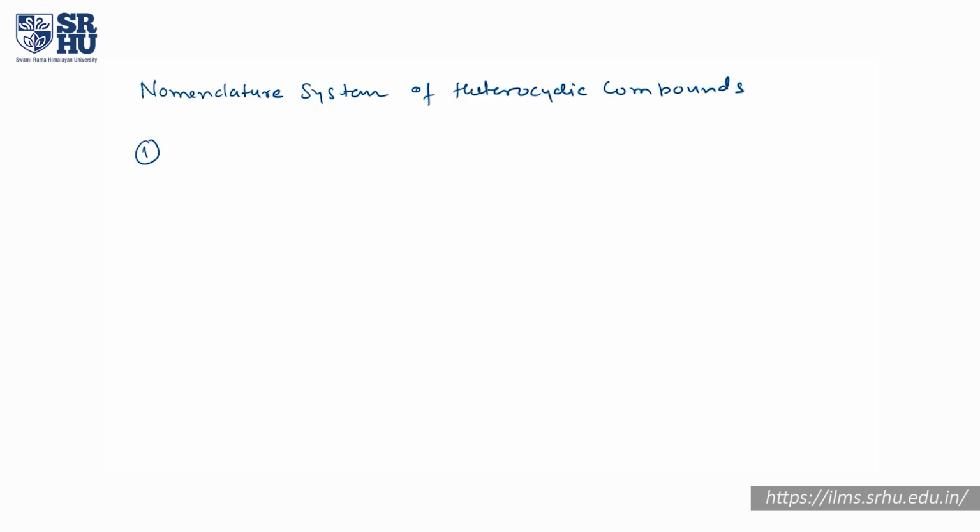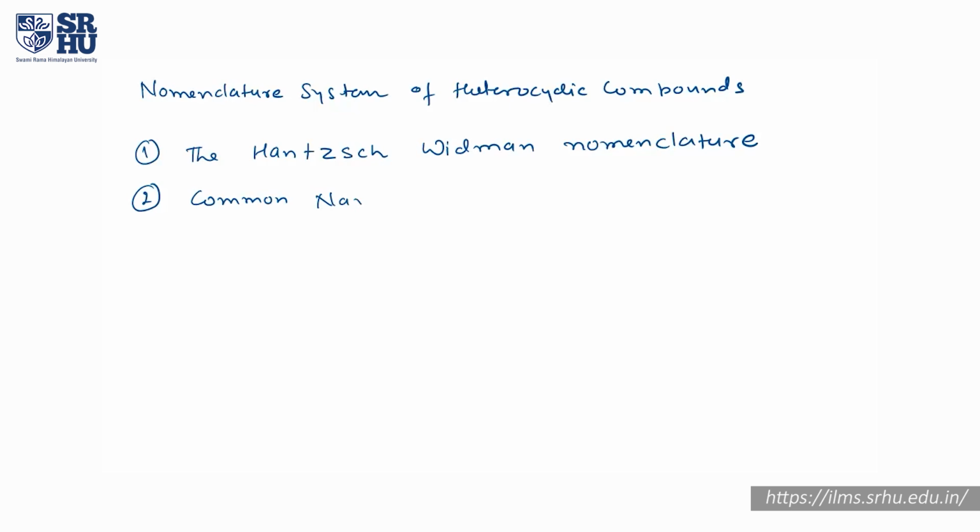Number one is the Hantzsch-Widman nomenclature. The second way of doing nomenclature is the common name method. And the third way is the replacement nomenclature.